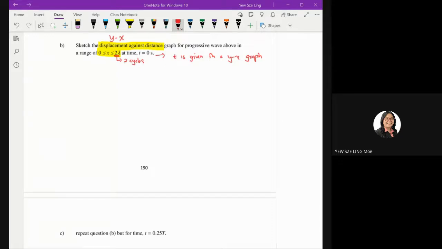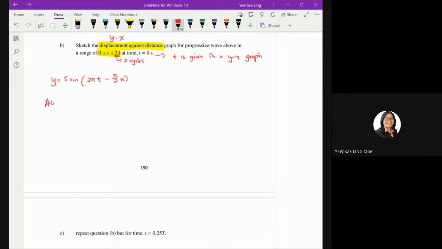So given the general equation, y equals to 5 sine (2 pi t minus pi over 2 x). Okay, 5 sine (2 pi t minus pi over 2 x). So you have t equals to 0, sorry.